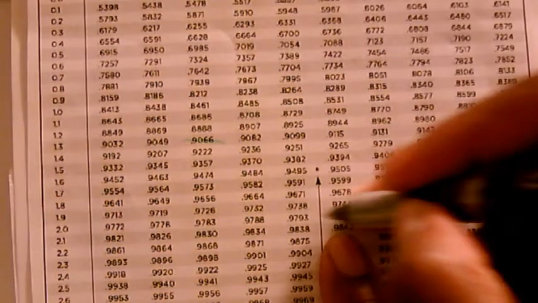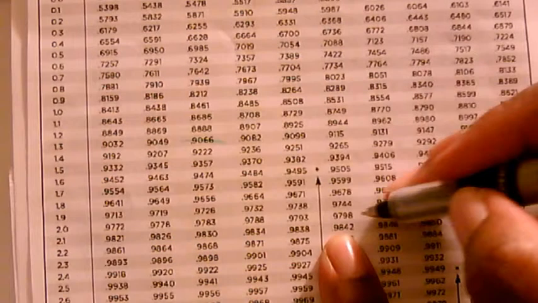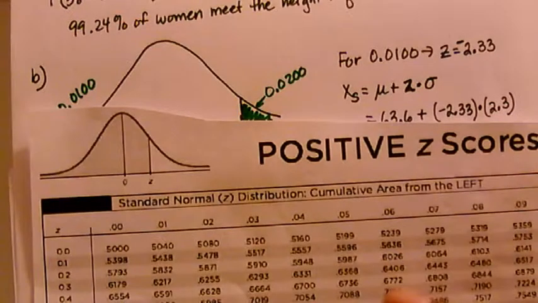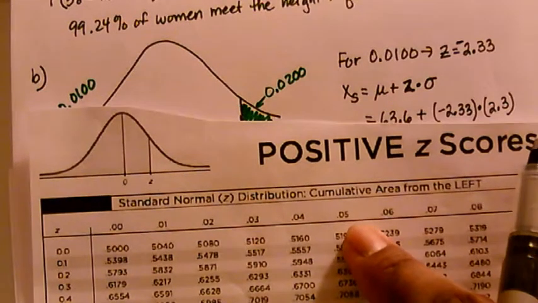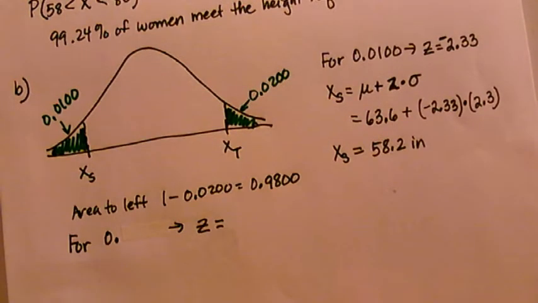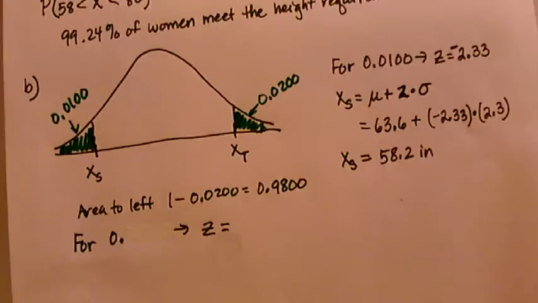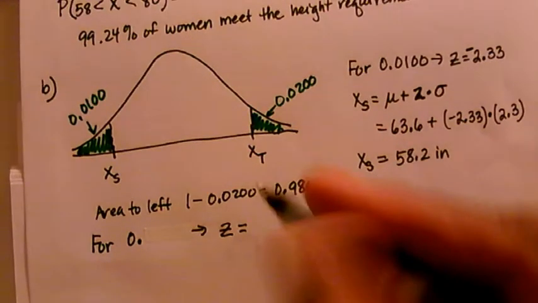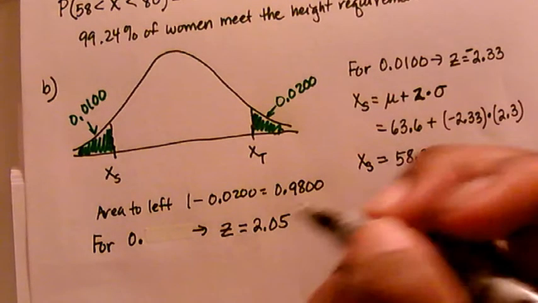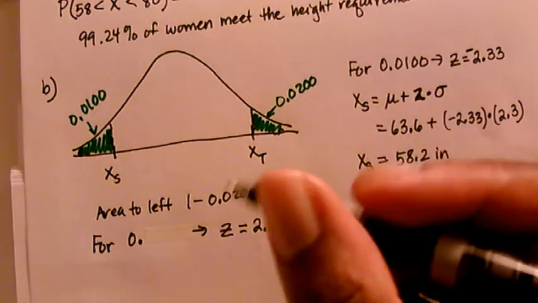To the left of that is going to be 2.0, and that's in the column for 0.05. So it'll be 2.05 for your z-score.